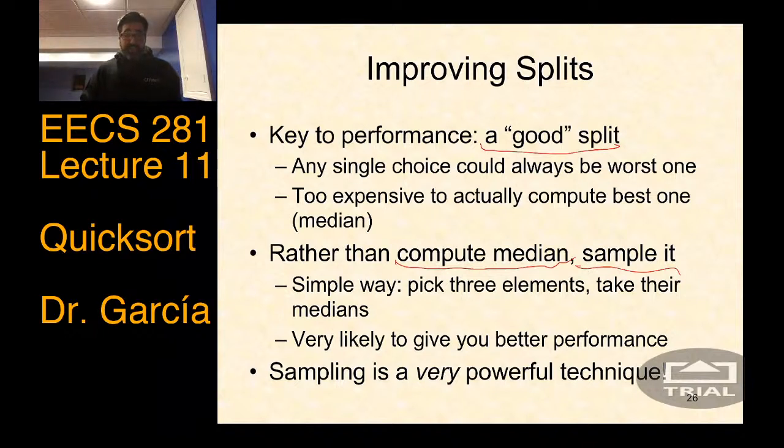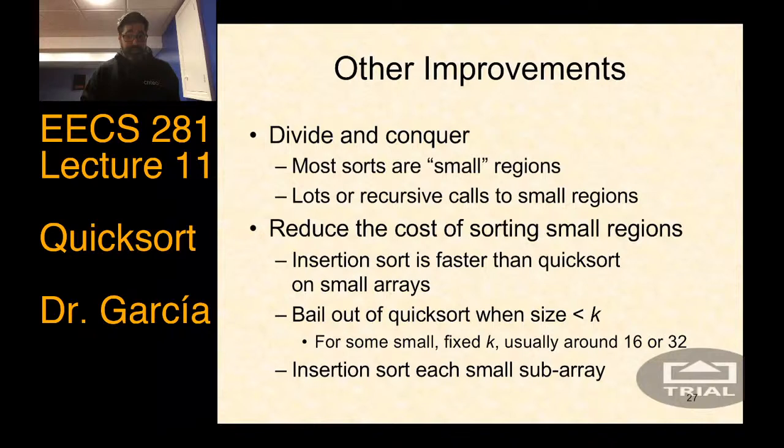So let's look at some of the other pivoting strategies that we could use in the next couple of slides. What we can also do to improve the overall performance of Quicksort is, hey, when the small section of the array that I'm looking at is up to a specific given size, k here, let's just not do Quicksort, right?